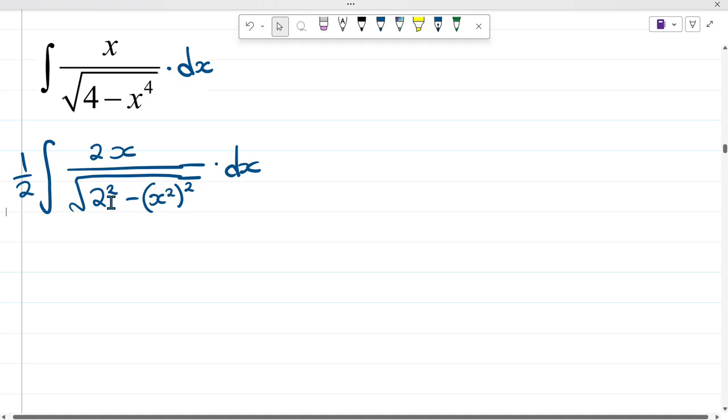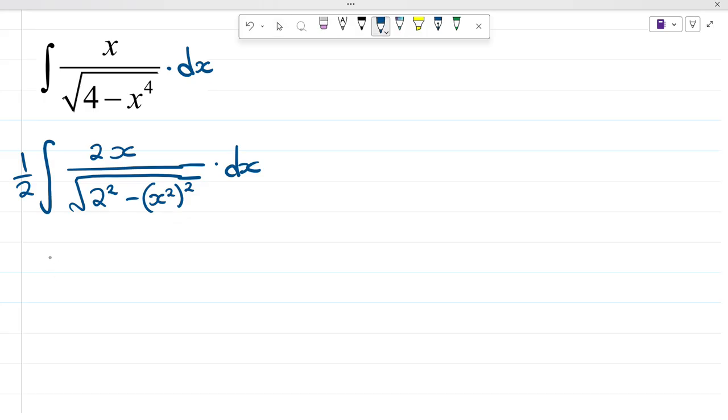So from here, if you have the derivative of f of x on the numerator, and the format of the square root of a squared minus f of x squared, then you can conclude that this is the format of sine inverse, right? You take the 1 over 2 that's outside the integral to your answer.